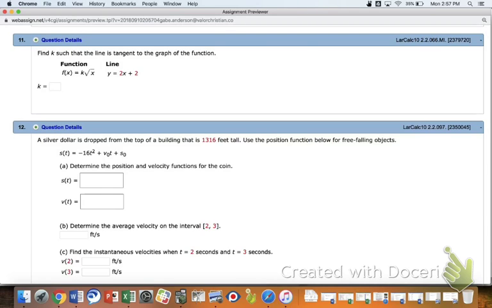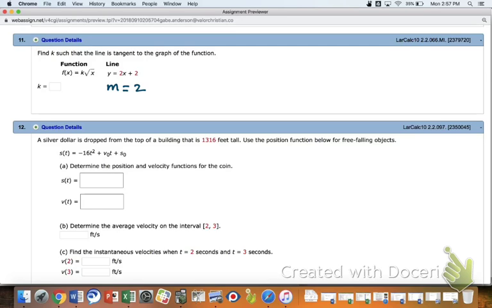Find K so that the line is tangent to the graph of the function. Okay, so this goes back to that principle we've talked about before. At the point of tangency, the xy of the line and the xy of the curve is the same. Slope of curve, slope of line, same. I can see that the slope of the line is 2.